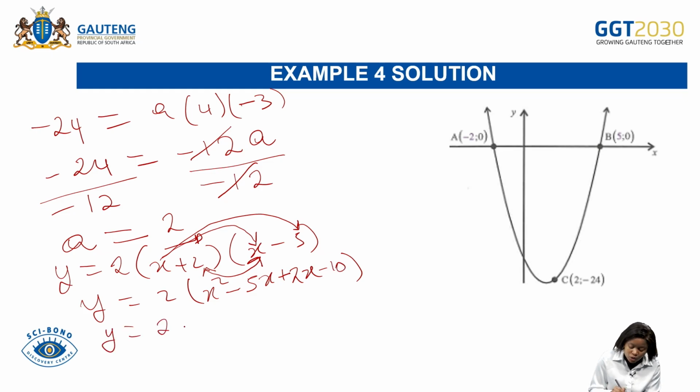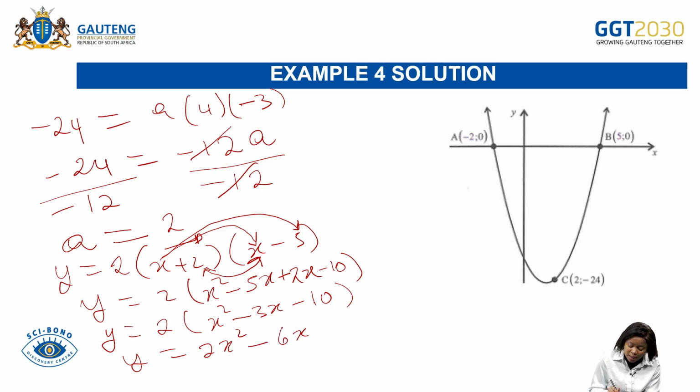So y is equal to 2 into x squared. Minus 5 plus 2 is going to be minus 3x, minus 10. You close the bracket like that. Then y is equal to 2 times x squared, it is 2x squared. 2 times negative 3x is going to be negative 6x.